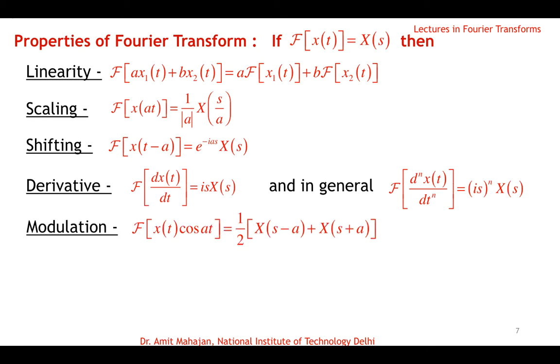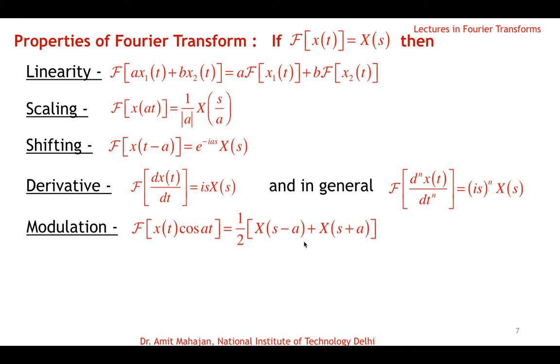The fifth property is modulation: if the Fourier transform of x(t) is X(s), then the Fourier transform of x(t) multiplied with cos(at) is half of X(s minus a) plus X(s plus a).